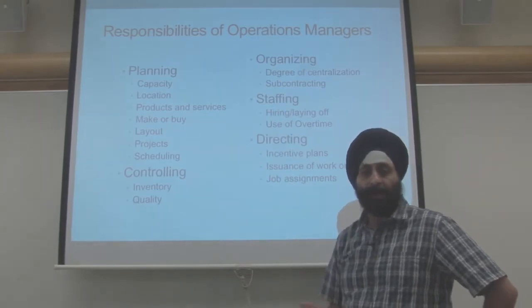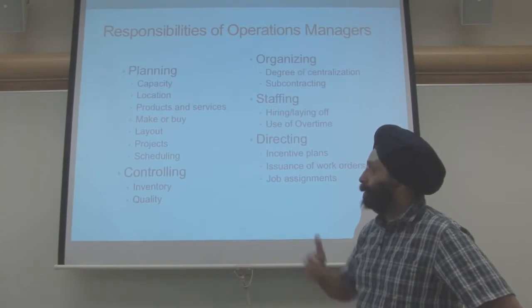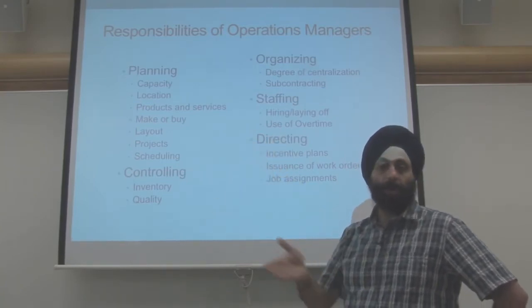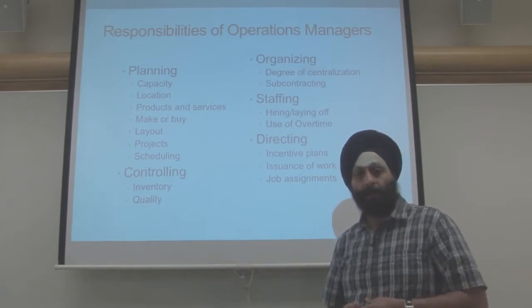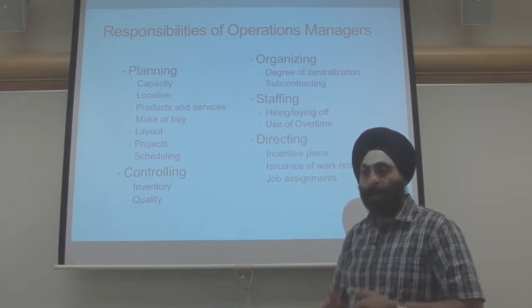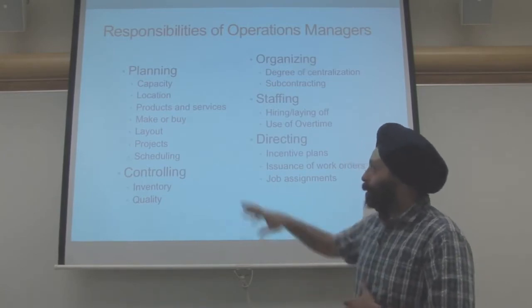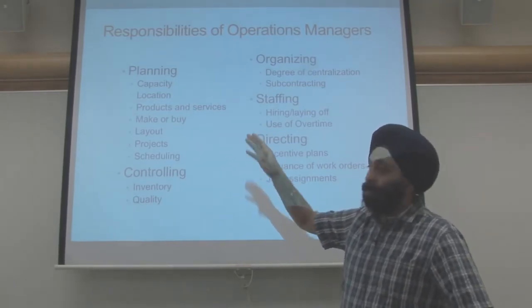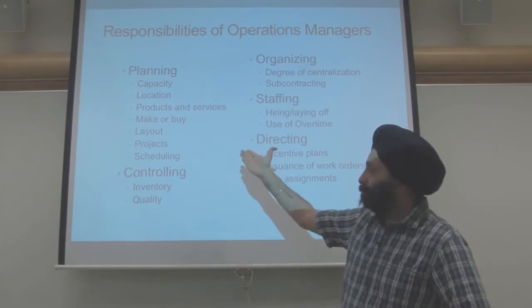Do we have enough capacity, or do we need to increase the capacity of production? Location-wise, is this the right place to produce items, or do we need to move somewhere, increase the space that we have, or move to a smaller space because we don't need that much? What types of products and services should they be producing, and should they be making it in-house, or outsourcing it, buying it from somebody else?